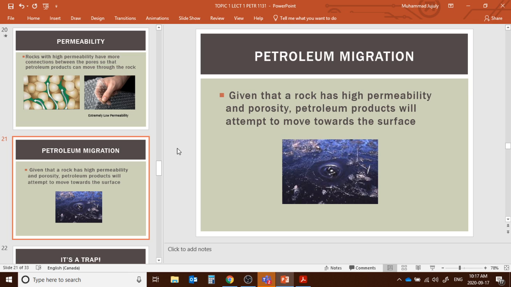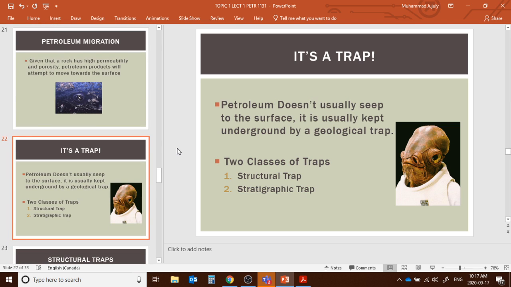Okay, so the petroleum migration. Given that a rock has high permeability and porosity, petroleum products will attempt to move towards the surface, and when it moves towards the surface, it comes to the Earth's atmosphere.